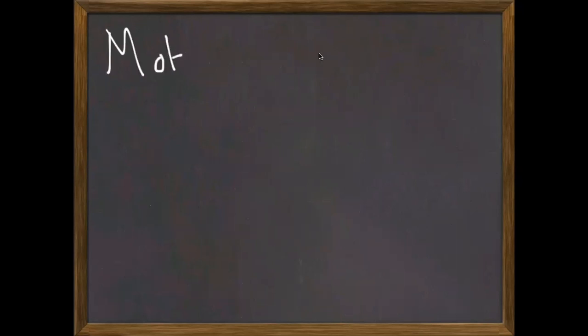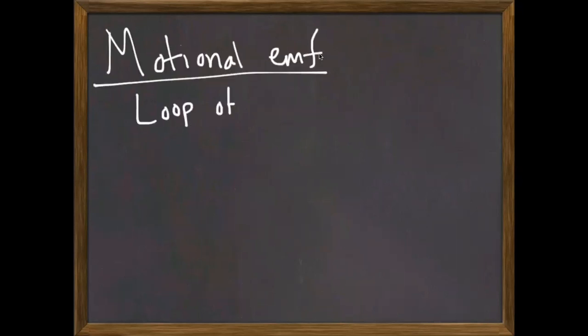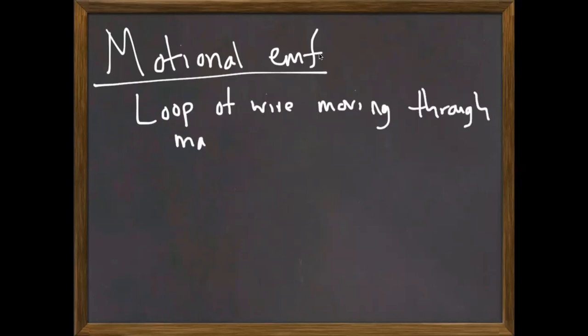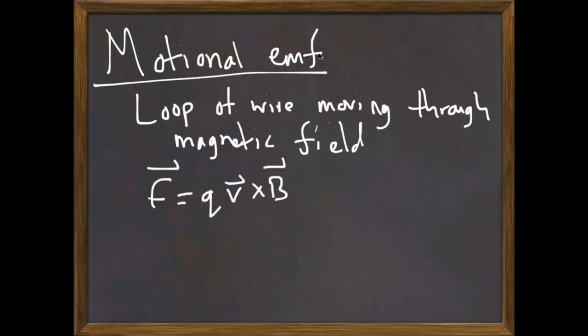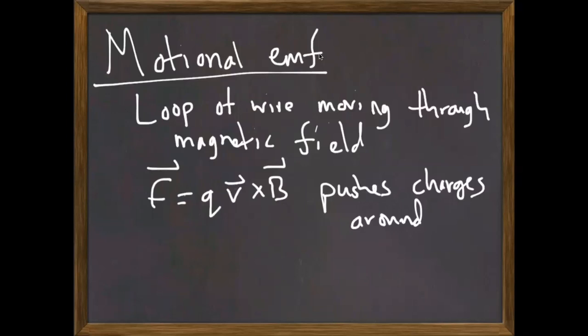So what's happening? Motional EMF comes from moving a circuit, like a loop of wire, through a magnetic field. When you move charges through a magnetic field, they experience a force, qv cross B. If the magnetic field conditions are right and the wire, which is full of freely moving charges, is moving, all those charges have some velocity v.